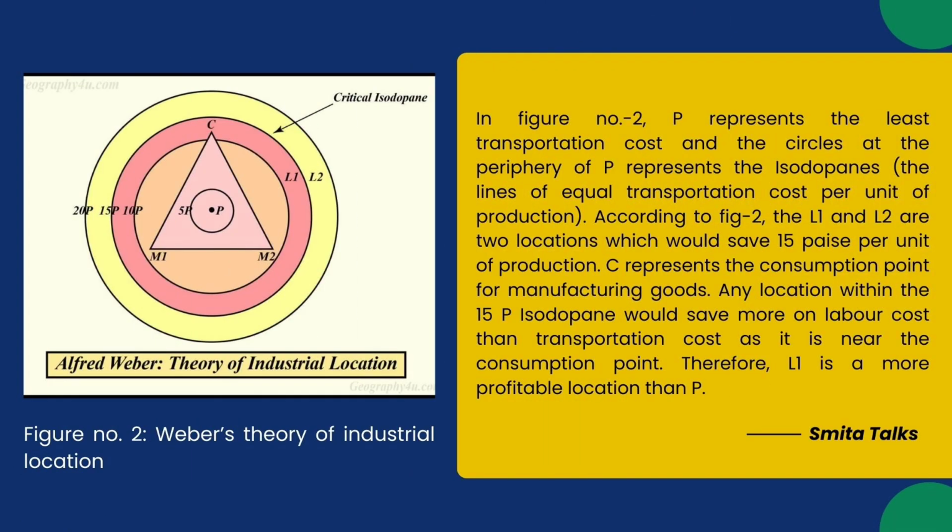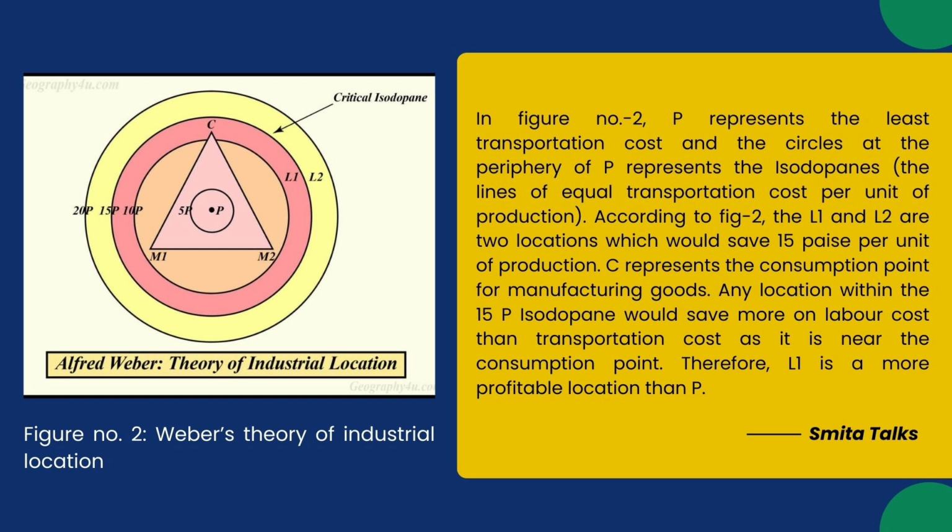In figure number 2, P represents the least transportation cost and the circles at the periphery of P represent the isodapanes, the lines of equal transportation cost per unit of production. According to figure 2, L1 and L2 are two locations which would save 15 paise per unit of production.